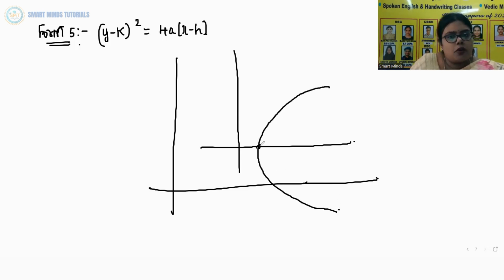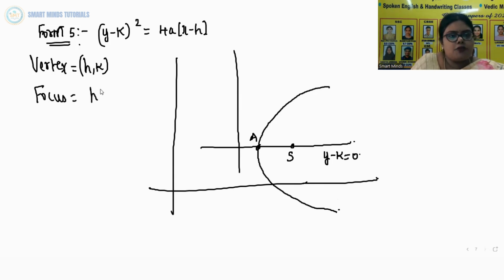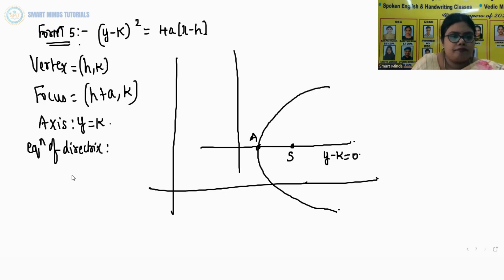This is the vertex A and this will be the focus. The vertex will be h comma k, the focus is h plus a comma k, the axis is y is equal to k, and the equation of the directrix is x minus h plus a is equal to 0.